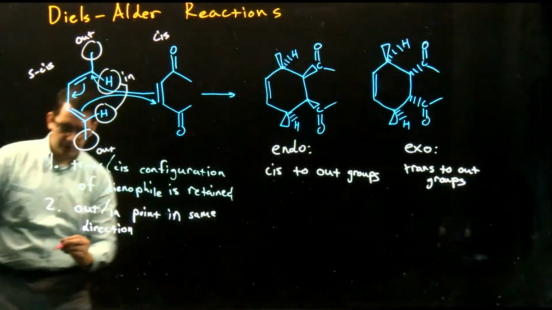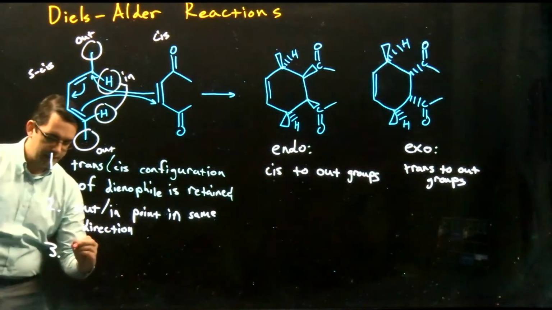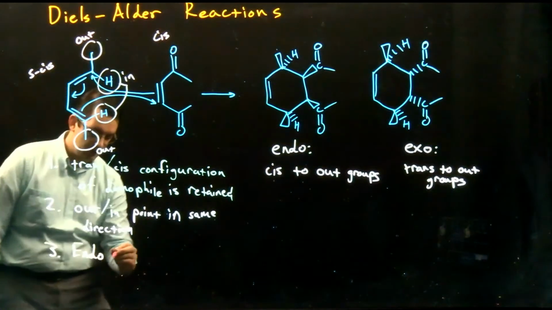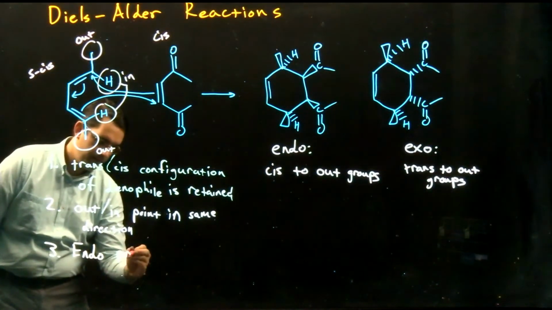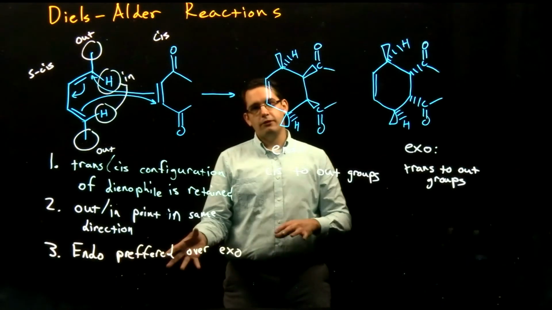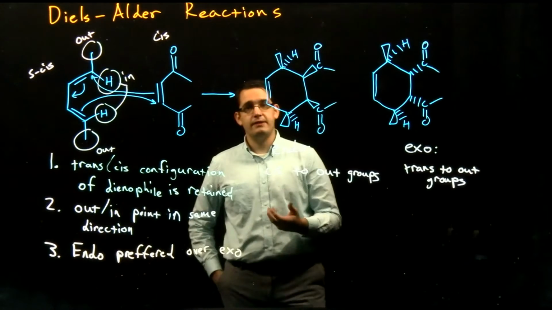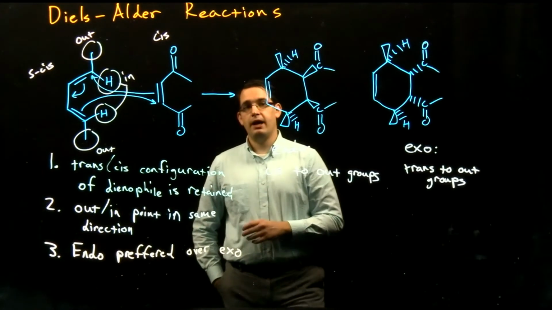And our third general rule then is that endo is going to be preferred over exo. So with these three different rules, we can generally categorize the different possibilities of our stereoisomers for our Diels-Alder reactions.